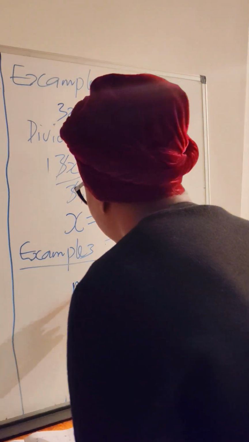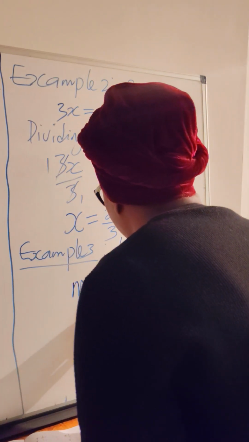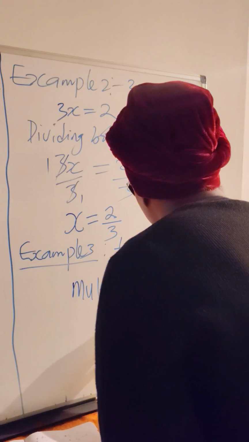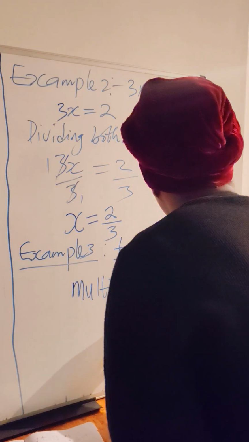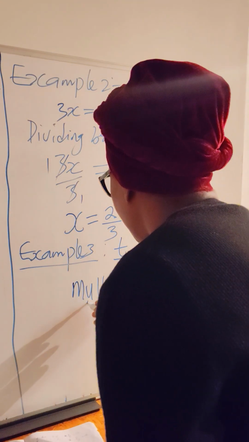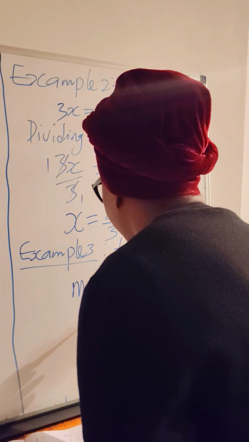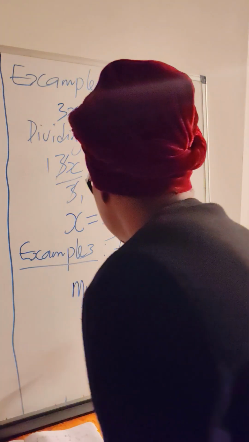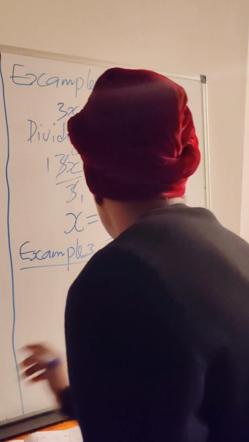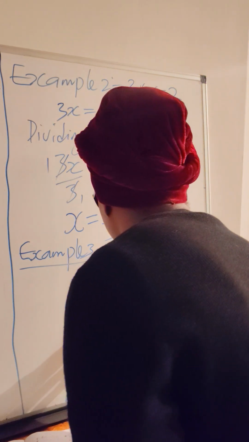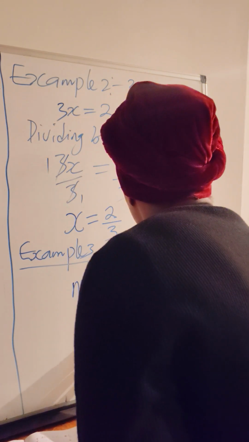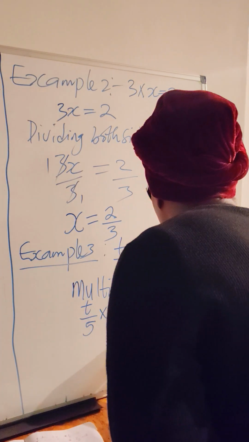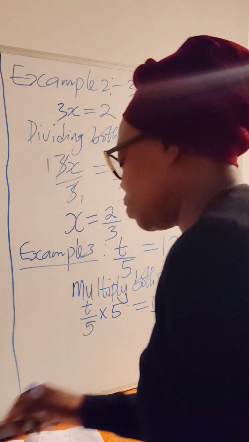Viewers, let's do that. Multiply both sides by 5. So we're going to have t divided by 5 multiplied by 5 equals 12 multiplied by 5.